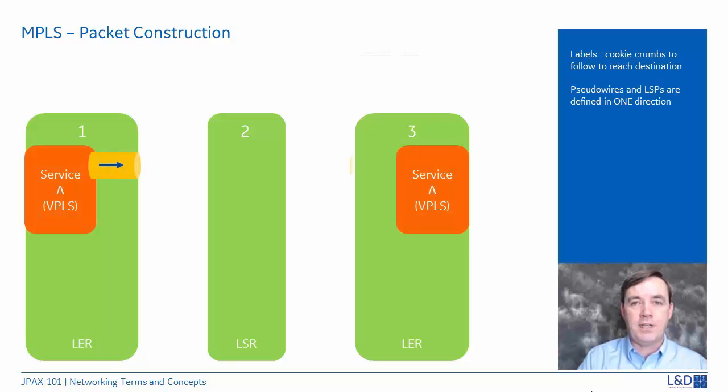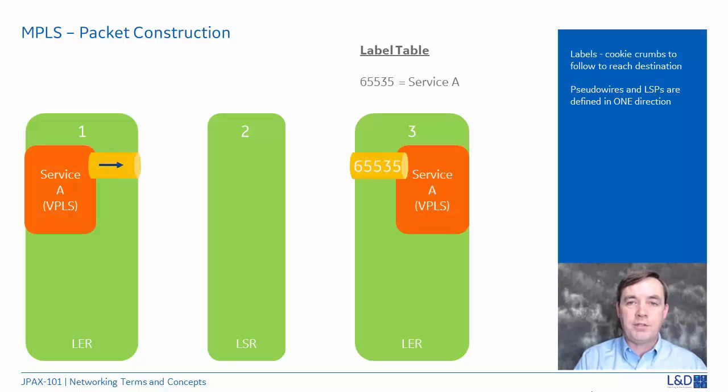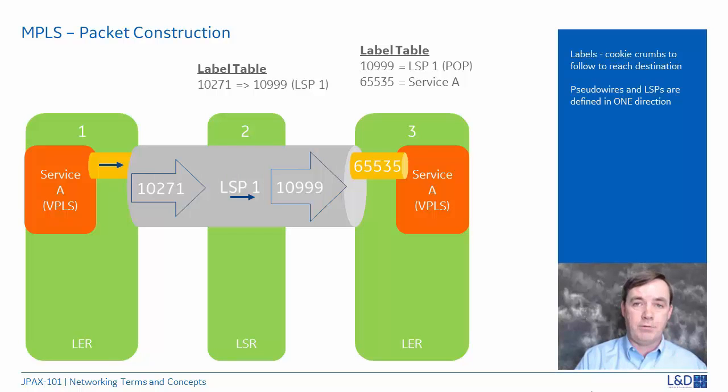Each service on the sending LER will use the appropriate pseudowire label defined to reach the desired remote endpoint. Once the appropriate pseudowire label has been added to the packet to tell the remote LER which service the packet is for, a label-switched path label is required in order to define the path to be used to reach that remote endpoint.